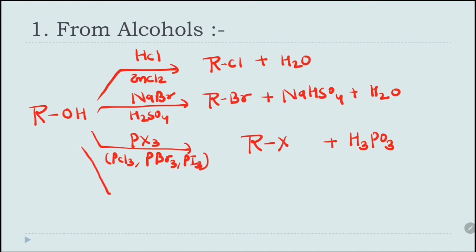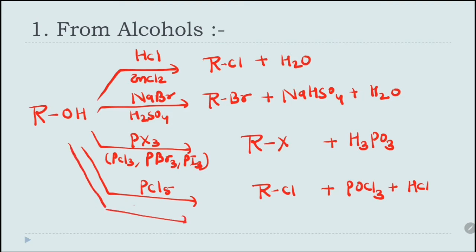Then if we react alcohol with PCl5, the side products will always be POCl3 plus HCl, and we will get chloroalkanes. If we react it with red phosphorus plus X2, X2 means halogen gas, this may be Br2 or I2. So here also we will get alkyl halide.